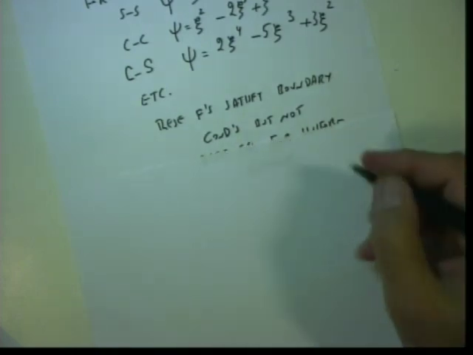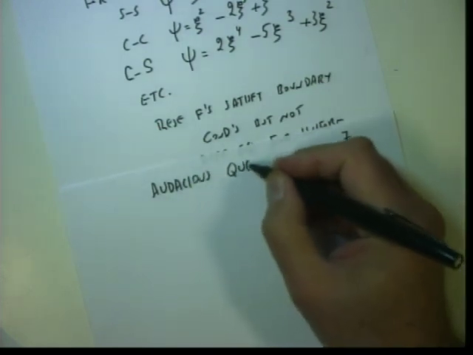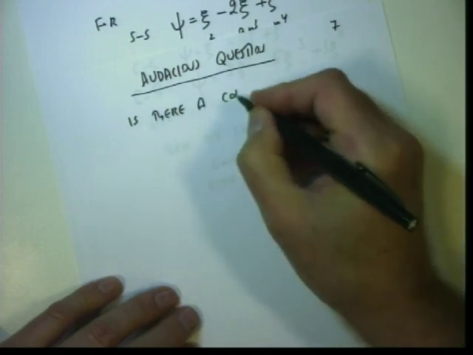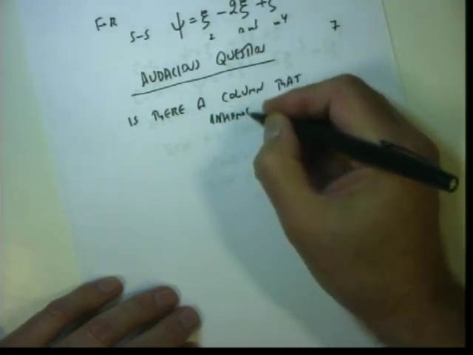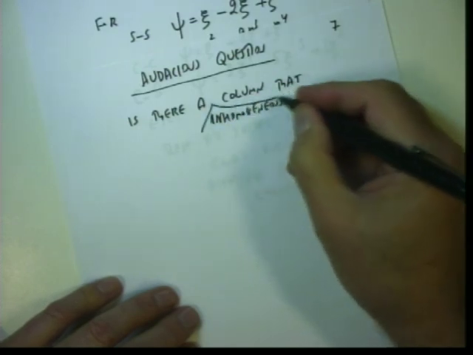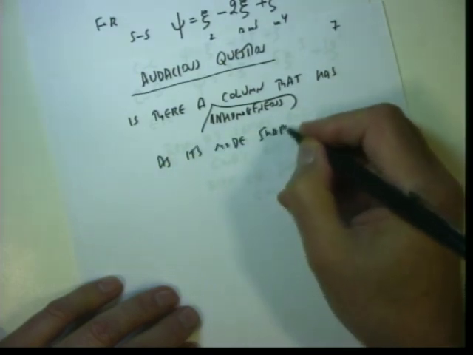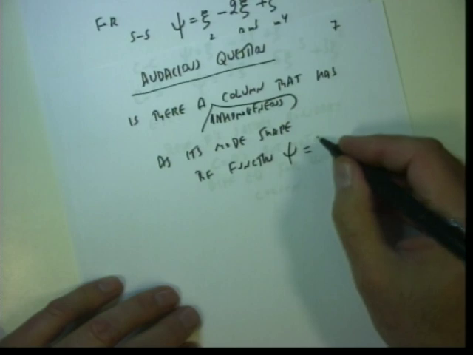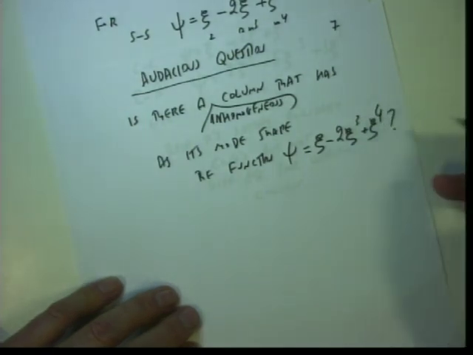Now I will ask a question. The question is like this: is there a non-homogeneous column that has as its mode shape the function psi equals psi minus 2 psi cubed plus psi in fourth power?